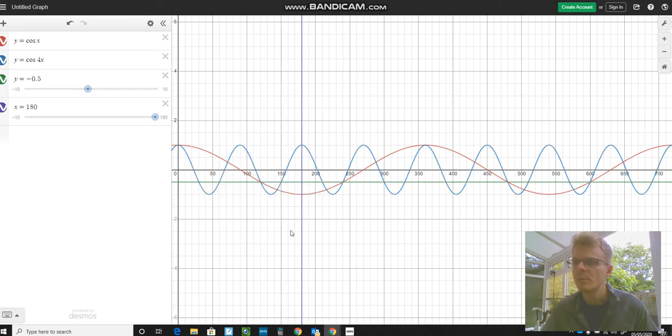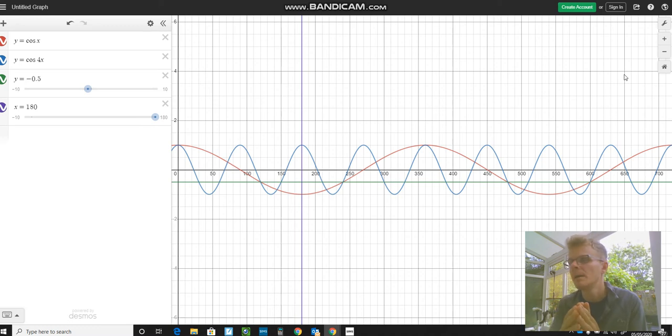Okay, but what we can do is think of the cos 4x graph as a compression of the regular cosine graph. Okay, so we squeezed it in. So if we look at the regular cosine graph for 4 times bigger, find the answers, we can then divide them by 4.